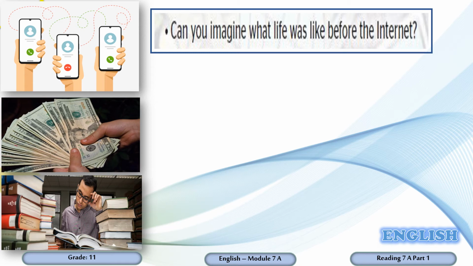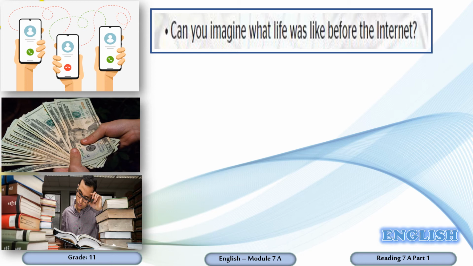Was it easy or was it difficult? For the second picture, how much money did people use to pay for a lot of services before the internet? For the third picture, how was research before the internet? Was it easy or was it difficult?